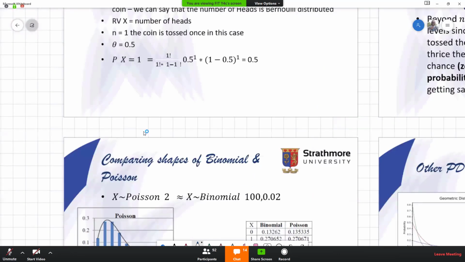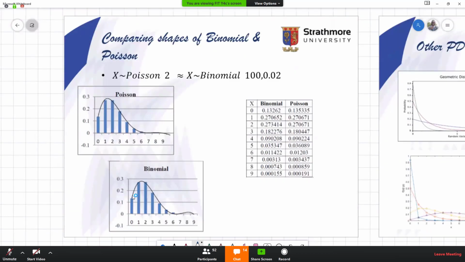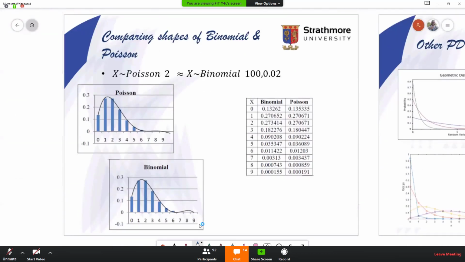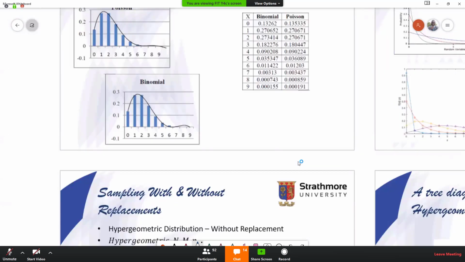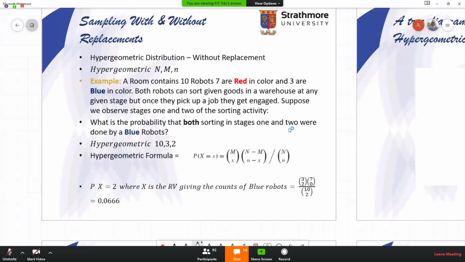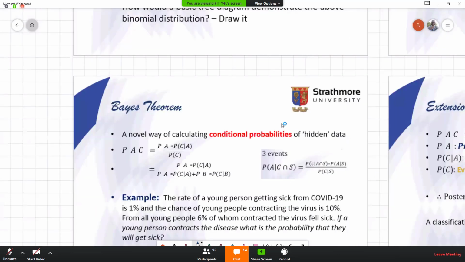Poisson is skewed, and it shares the same shape with binomial, so we say they are relatives. Then I will go into what we call Bayes theorem, which is the heart of machine learning, and then I will be able to finish probability.